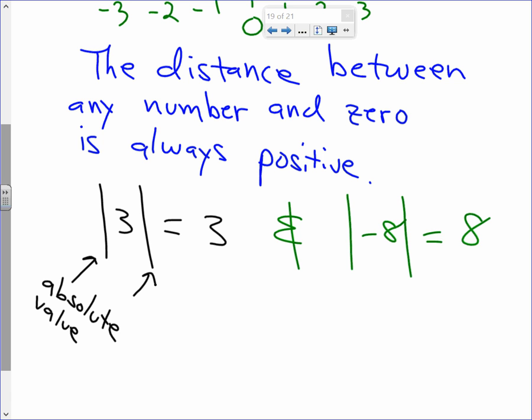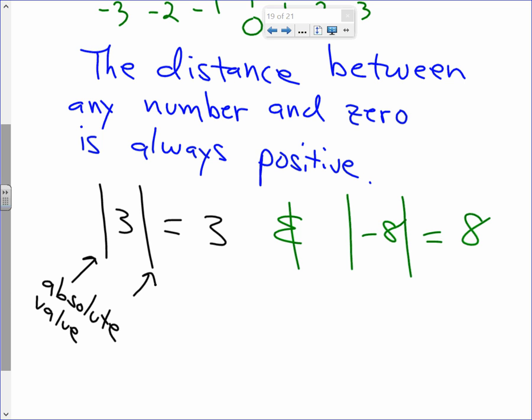I want you to know that this means the distance between a number and 0, and understand why it's positive, because distance is never negative. Remember my challenge for a credit slip. No one was able to give me a negative distance. That's why these always represent a positive number.